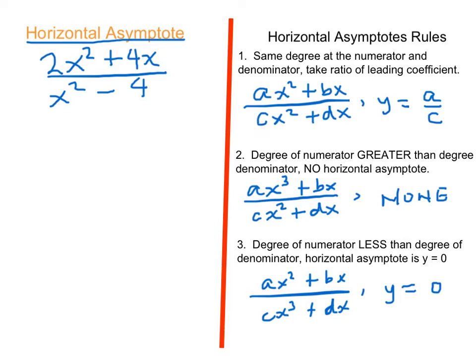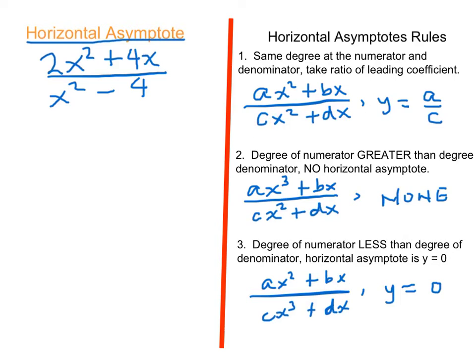In this case, x squared at the numerator is the highest power of x, and x squared at the denominator is the highest power of x. So they are the same. So the horizontal asymptote is simply the ratio of a and c.